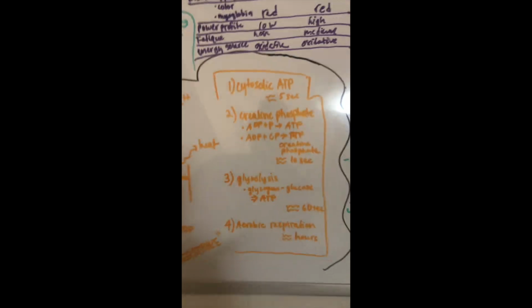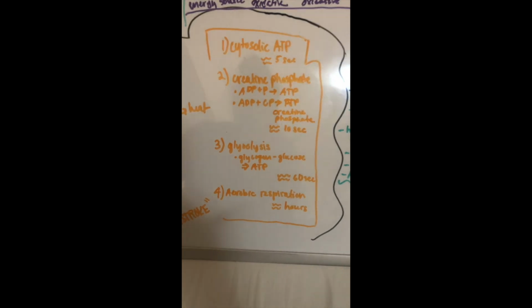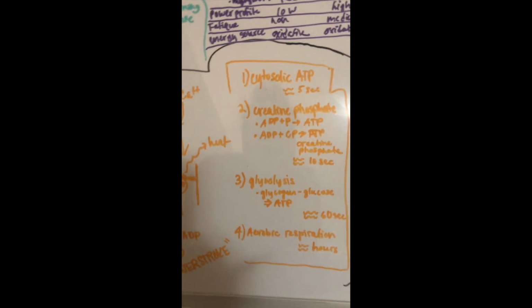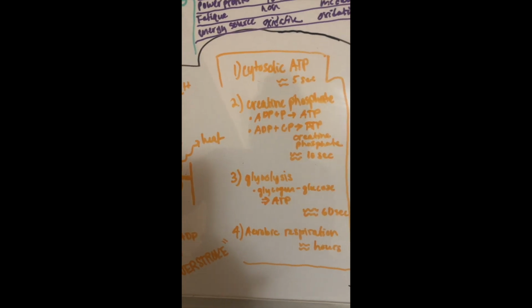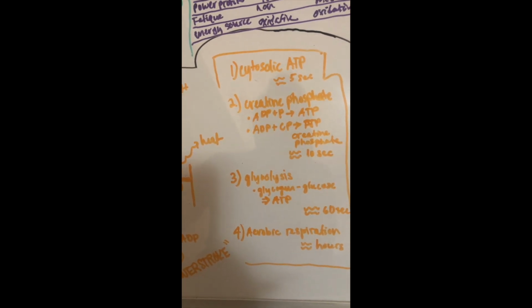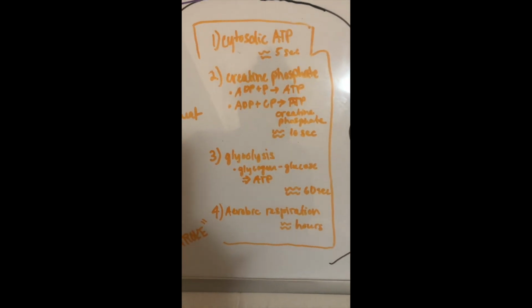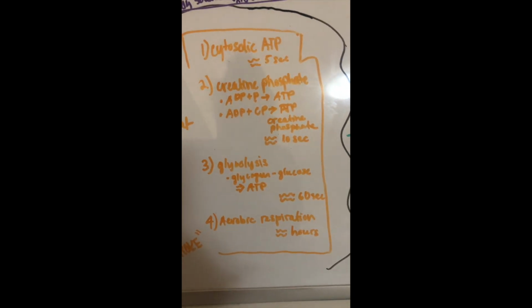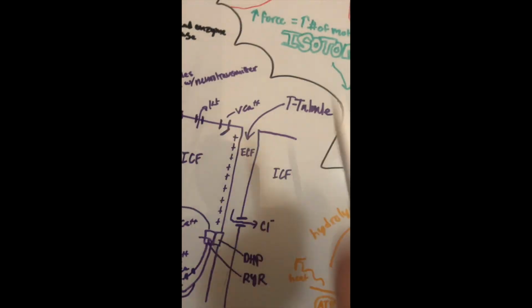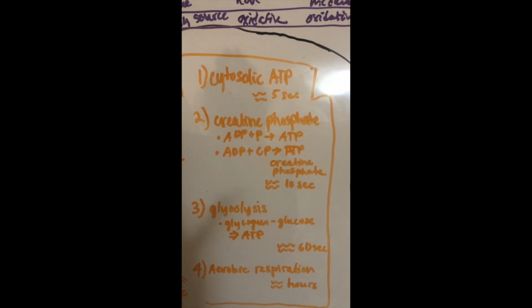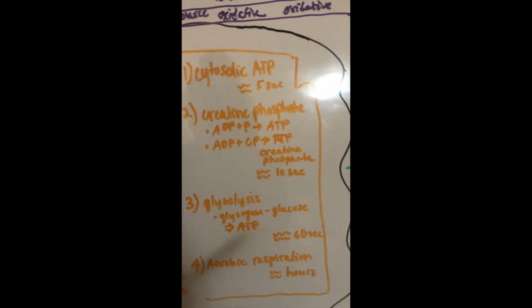Okay, so we have some different types of energy that we use to make this process go and to provide energy for us to create the contraction. So we have cytosolic ATP, which lasts about 5 seconds, and that's from the cytosol. And then number 2, we have creatine phosphate, and there's 2 different types of ATP that we can get.